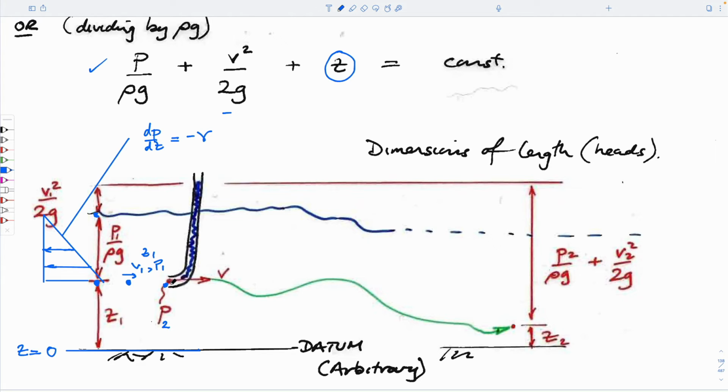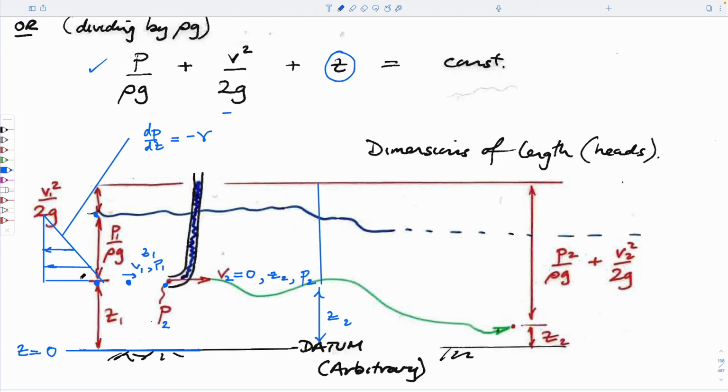And so at this point here, the velocity, V2, is equal to 0. The elevation of this point is equal to Z2, and the pressure at this point is equal to P2 as well. Now if you looked at the pressure distribution at this point, its elevation is what it was before.